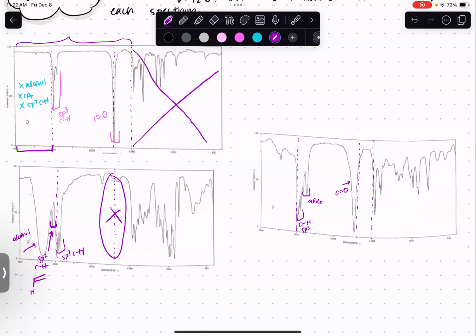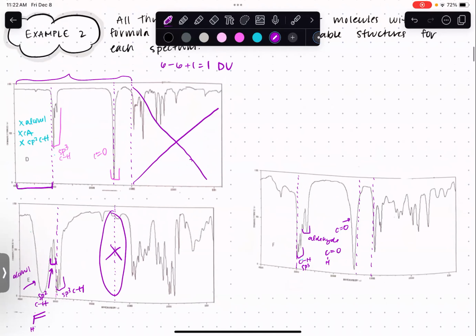So this tells me that this is an aldehyde. So now I know, okay, this one is an aldehyde, this one has an alcohol, and this one just has a carbonyl and an sp3.